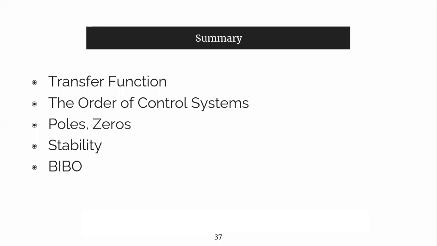So it totally depends on which parameter you are considering as input. If you are taking u of t as input, then the output y of t will become y of s divided by x of s. Likewise, whichever you take, the ratio is output divided by input.